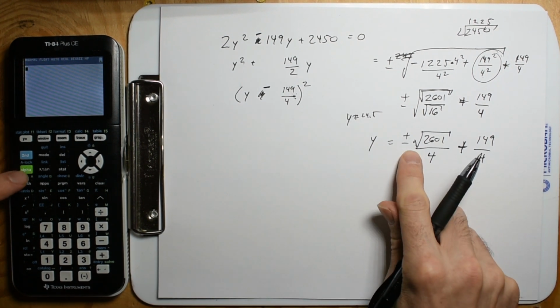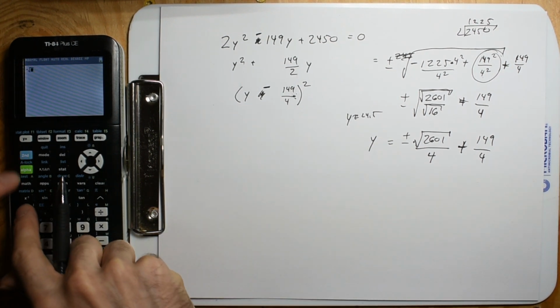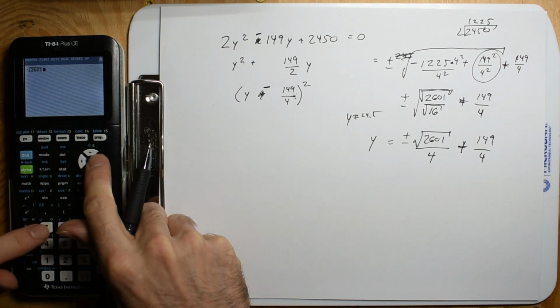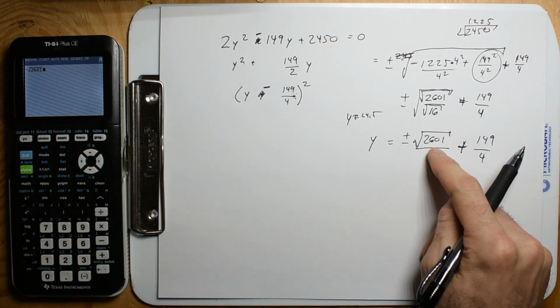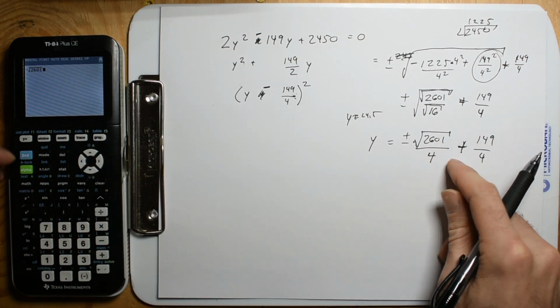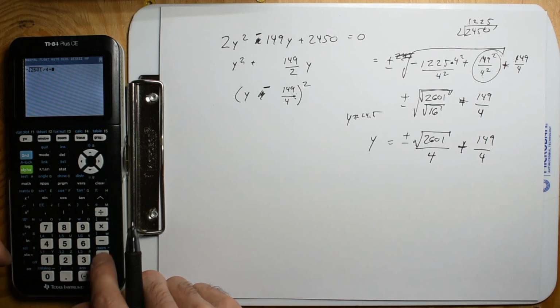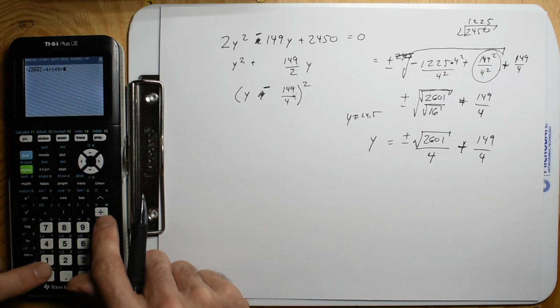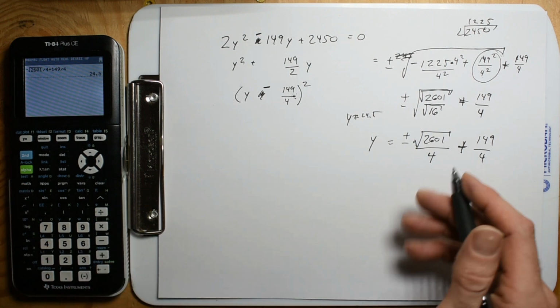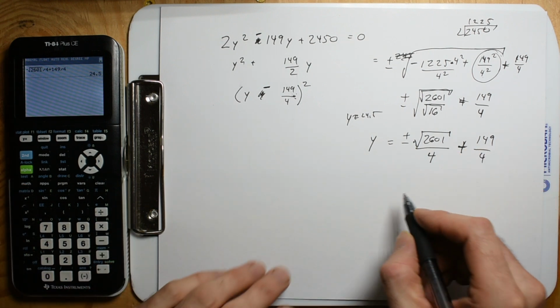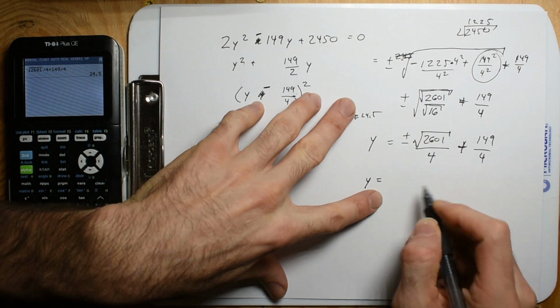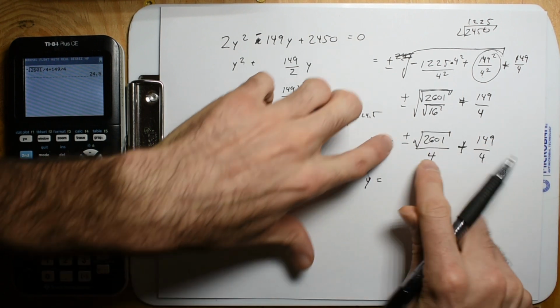Okay, so now we're going to do this, and I'm going to do minus the square root 2601. Especially if you're writing this in, it's always easier to do the negative root first, because then you can go back in your calculator and change it to the positive. So it's the negative root that I want anyway. Now I'm going to say y is equal to the negative of this.